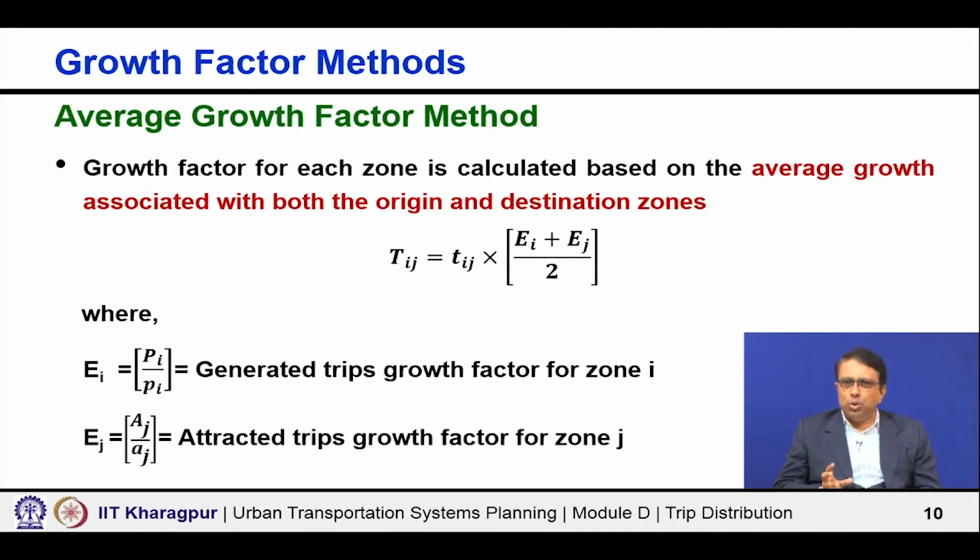Ei is the growth of zone I, Ej is the growth of zone J, divided by 2. That means we are taking the average of that.